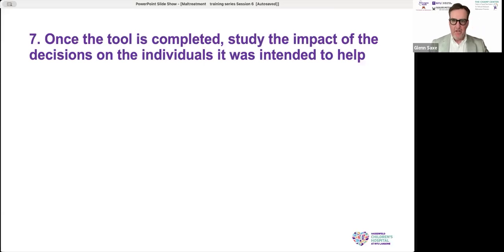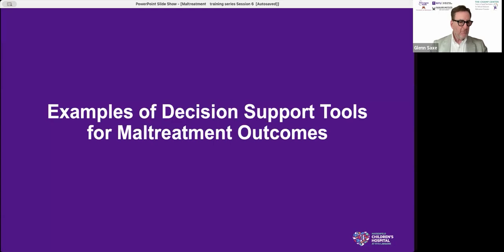So we have to build the tool with all that thoughtfulness and then test it in the field in the right way. Now, just some examples. There's not a large literature, but there's some literature, and I'm not going to review everything, but I'll review some things, and then I'll talk about our process for building our tool.